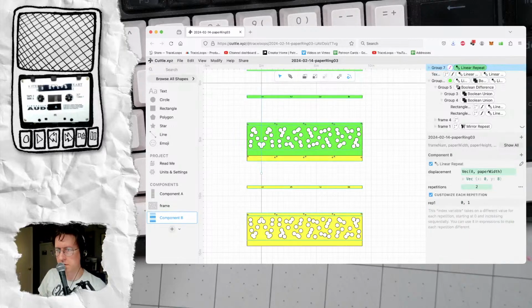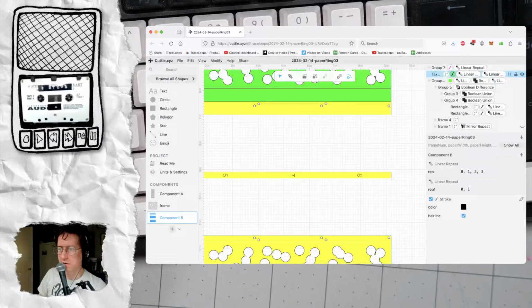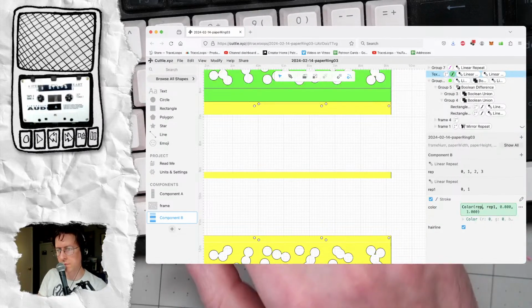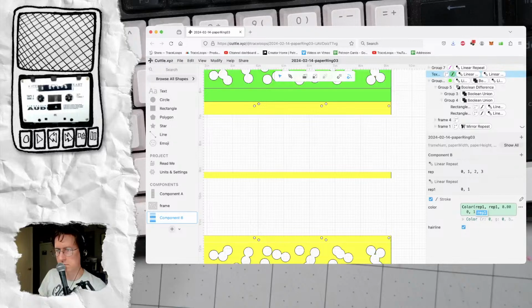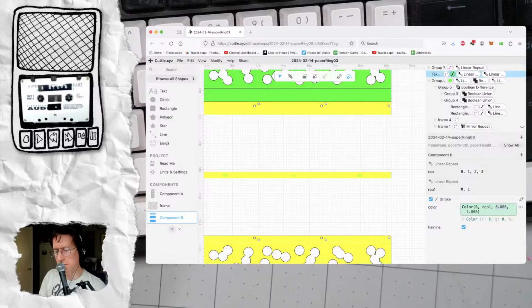Linear repeat, customize, it's rep 1. Is it there? I'm just not saying it. Yeah, it's there and I'm not saying it. Okay. Text, stroke, edit expression, rep 1. Rep 1. And this be 1.